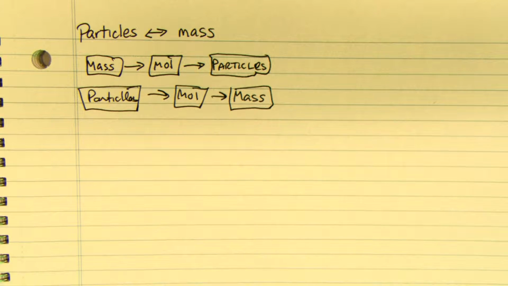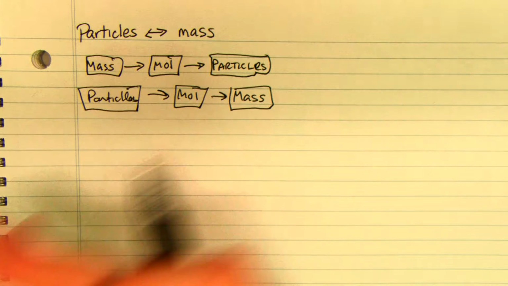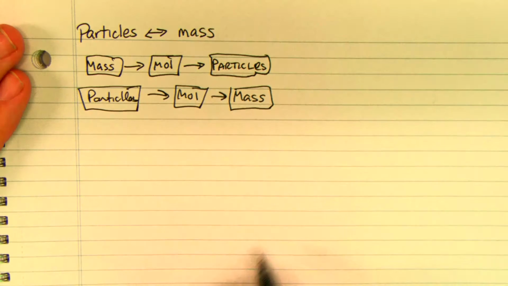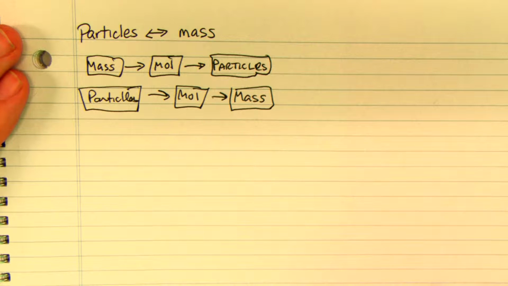And if you take a look at the chart that's here, mass to moles to particles, or particles to moles to mass. So that's why the chart was built this way, so you actually have defined paths that are going to tell you what you need to convert by, and convert with, and convert how to get to where you need to get.